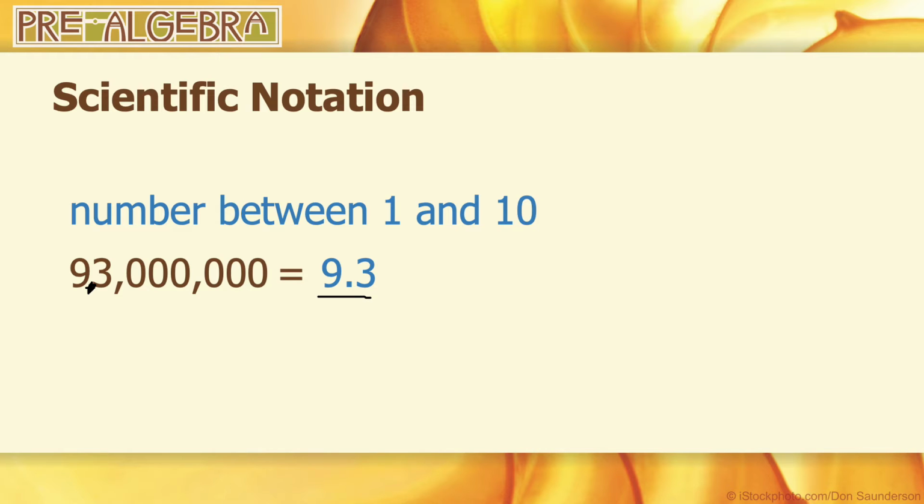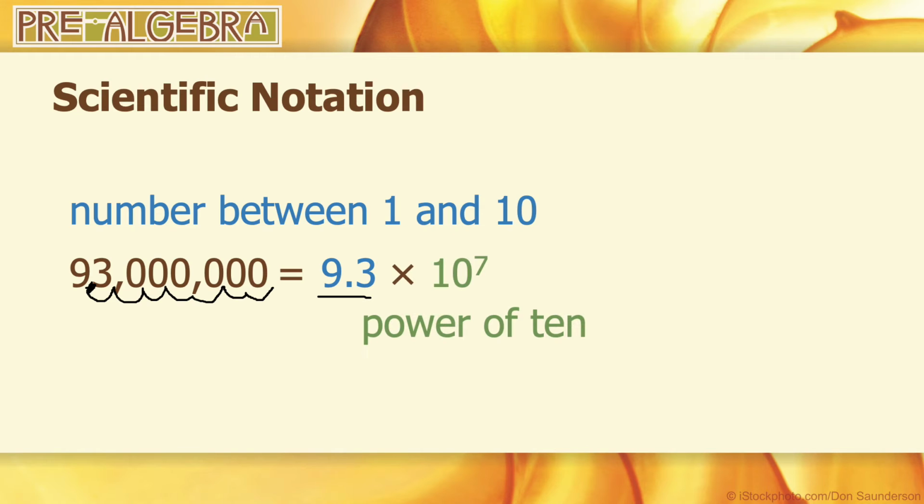So we're just going to see how many times we had to move that decimal point in order to make this smaller number of 9.3. Okay, so we're just going to count 1, 2, 3, 4, 5, 6, 7. So we're going to multiply that 9.3 times 10 to the 7th power.